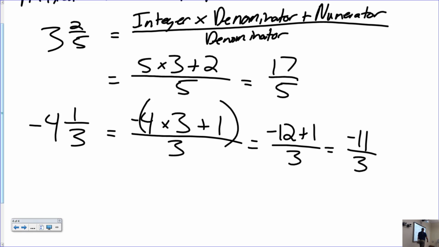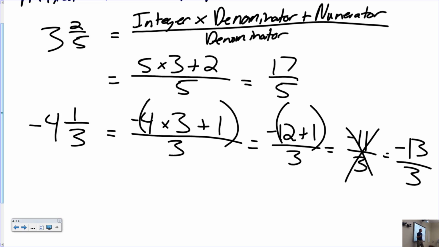If it's negative, you need to have parentheses here. And technically, what's 12 plus 1? 13. Make that a negative. That's the correct answer, okay?